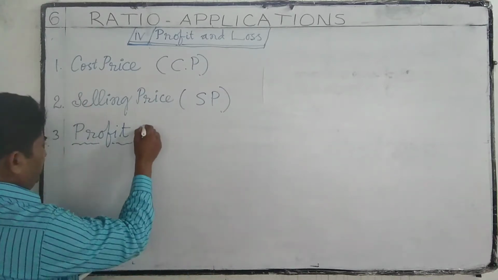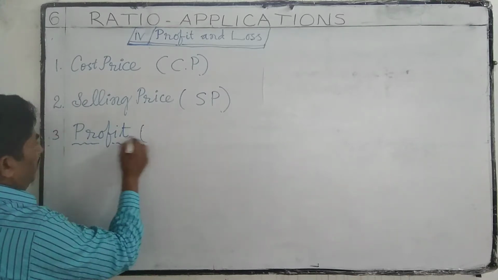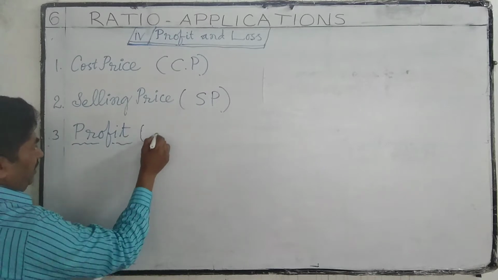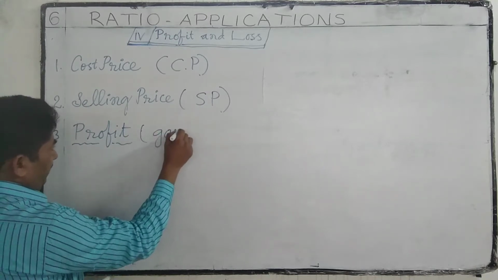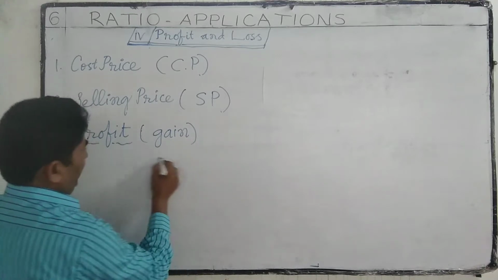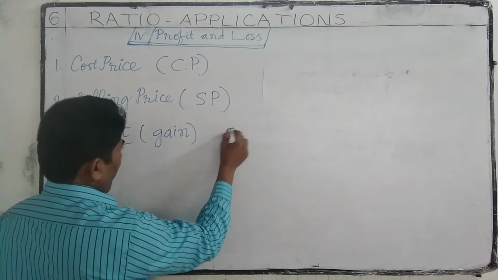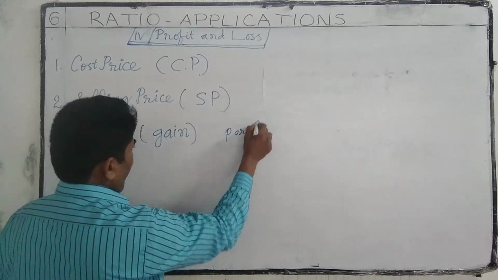Profit is also called gain, and it is abbreviated as G.